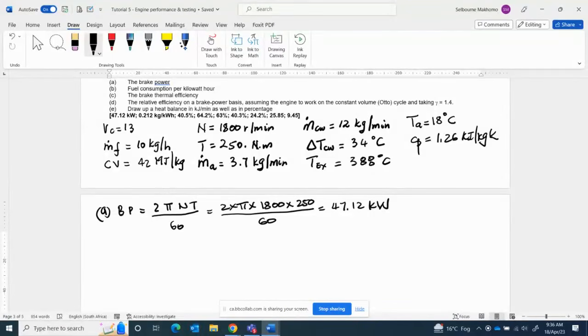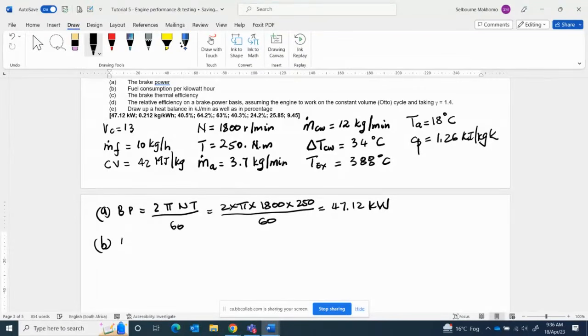Now the second one says calculate fuel consumption per kilowatt hour. Again, the problem here is that they did not mention brake. The reason they didn't say brake specific fuel consumption is because we only have brake power. There's no indicated power. So they decided not to use the word brake. But the actual question should be to determine the brake specific fuel consumption.